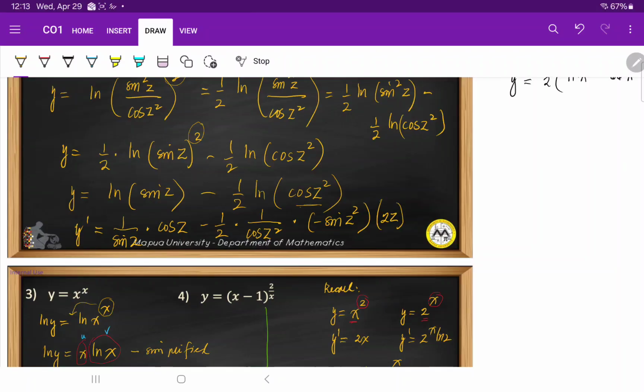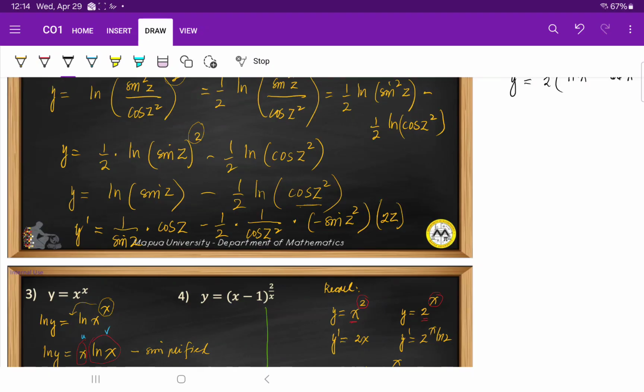The derivative of z square, which is 2z. Okay, so let's review. Ln of u, 1 over u. Derivative of sine is cosine z times 1. And then 1/2, 1 over cosine of z squared. Derivative of cosine is negative sine times the derivative of z squared, which is 2z.